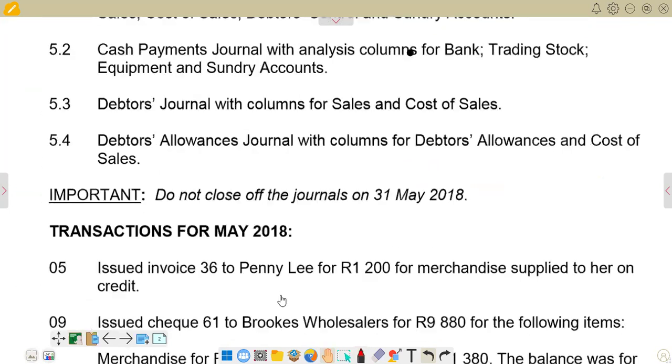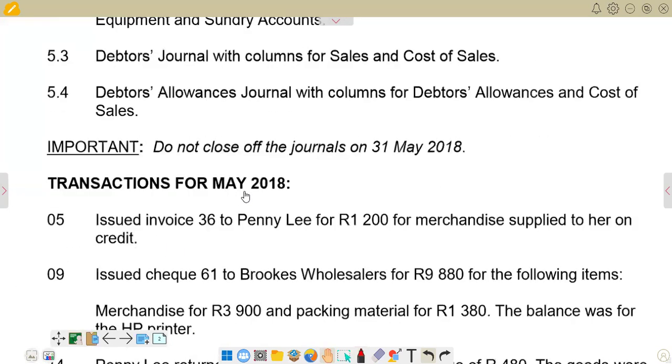Then we go to the next section where we are given the transactions for May 2018. For the first transaction, we have 5 May 2018, and it reads: issued invoice 36 to Penley for 1,200 for merchandise supplied to her on credit. So the keyword in this transaction is that it was supplied on credit.